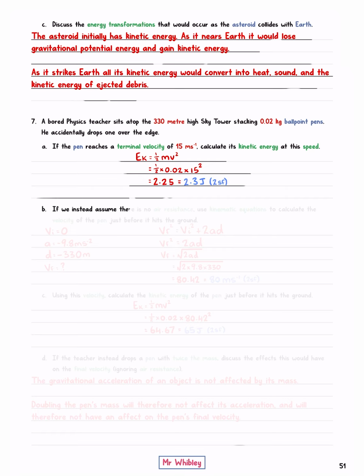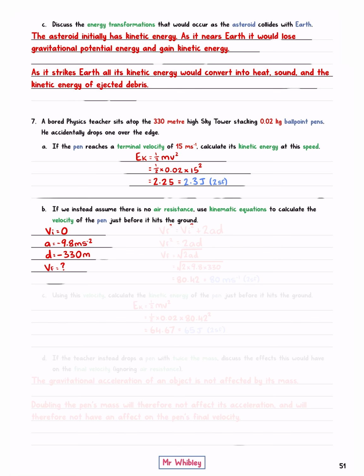If we instead assume there is no air resistance, use kinematic equations to calculate the velocity of the pen just before it hits the ground. Because the pen is dropped, we know the initial velocity is 0, we know it accelerates due to gravity at negative 9.8 meters per second squared, it travels a distance of 330 meters downwards, and we're trying to find the final velocity.